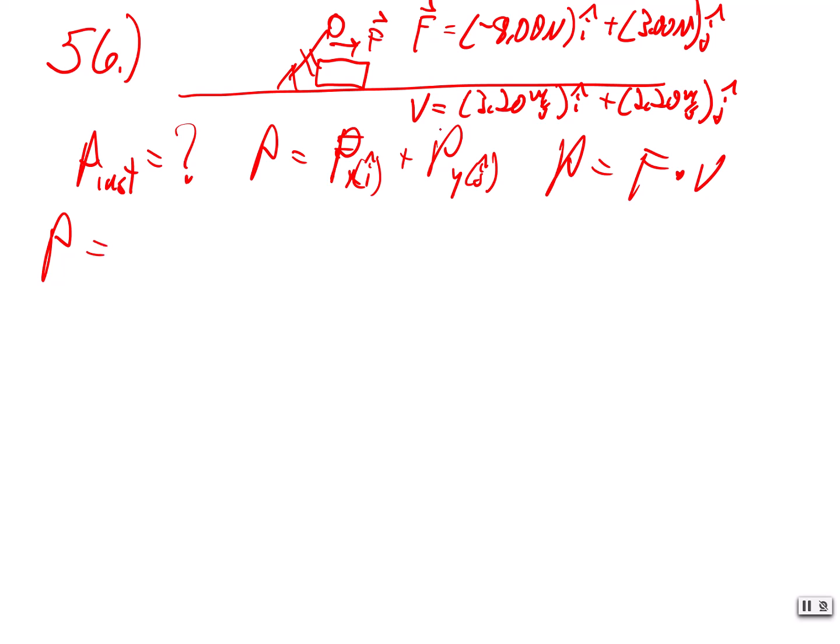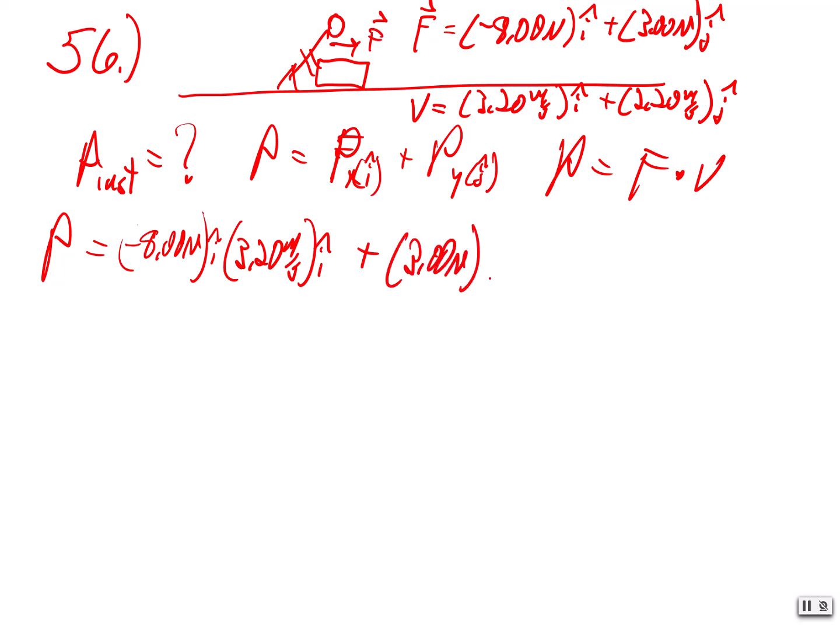So we have components. So we have a negative 8.00 newtons i times a positive 3.20 meters per second i-hat, plus my j component of my force is 3.00 newtons j, times my j component of my velocity, which is 2.20 meters per second j.